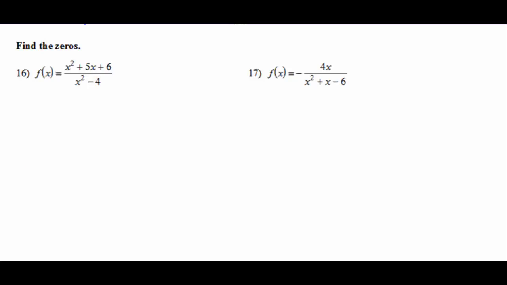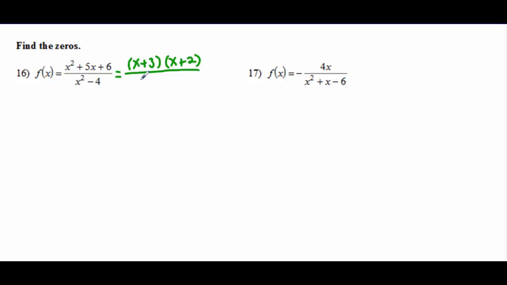16. So finding the zeros of rational functions is where you set the top equal to 0. But in order for us to do that, we need to factor the top and the bottom, because if I factor and have something in common on the top and the bottom, that's a hole, not a 0. So let's see if that happens. What multiplies to get 6 and adds to get 5 would be 3 and 2.